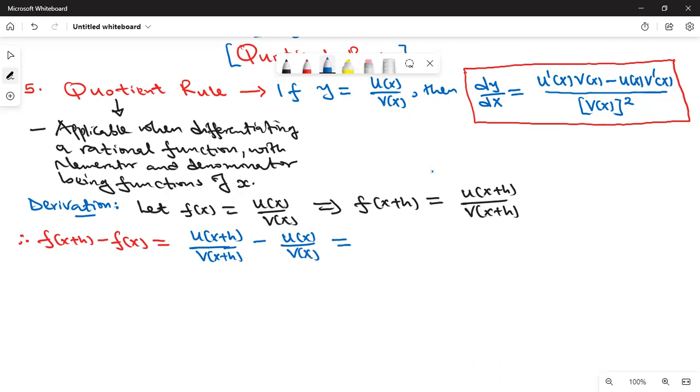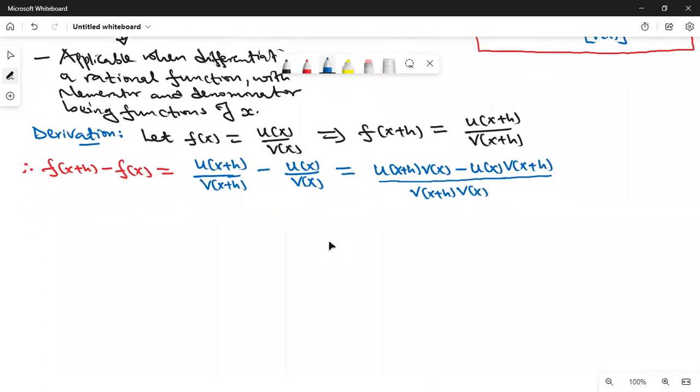And so here, we need to get the LCM. Our LCM here is v of x plus h times v of x. And then when we work it out, we are going to get u of x plus h times v of x, then minus u of x times v of x plus h. So in the numerator, I am going to add and also subtract a certain function.